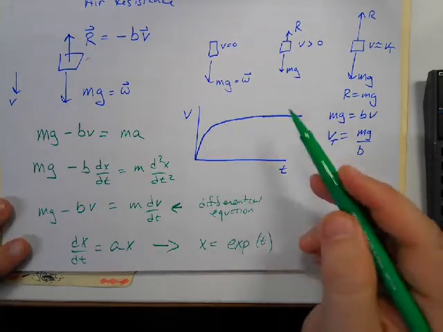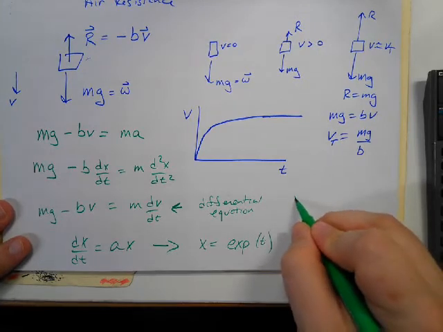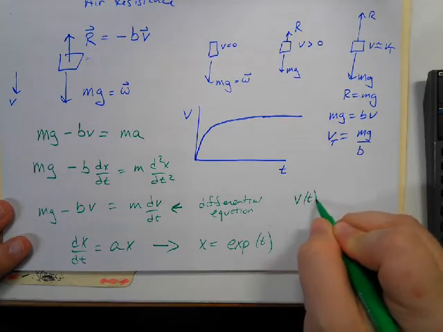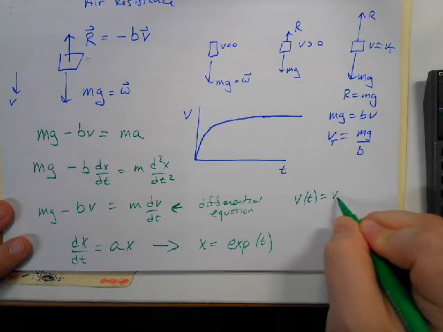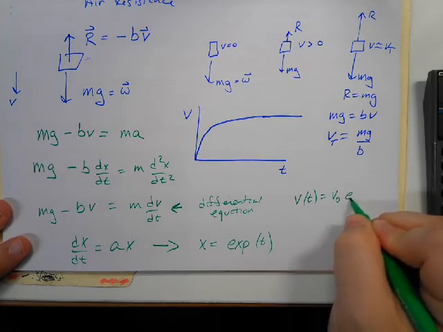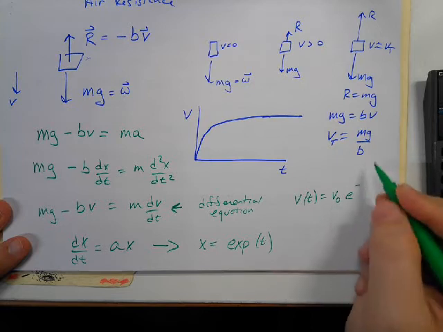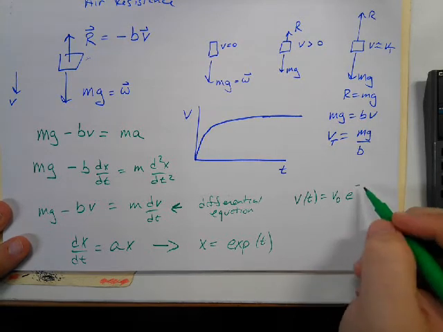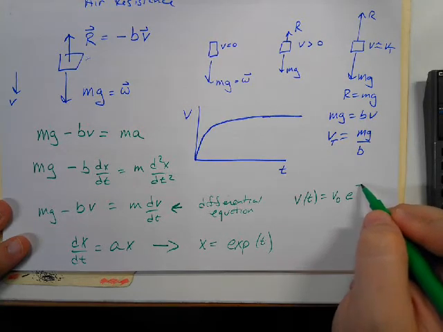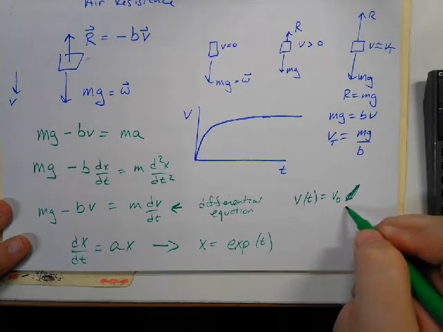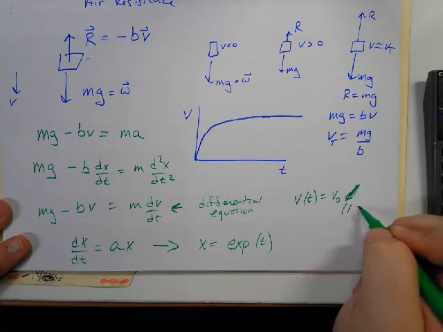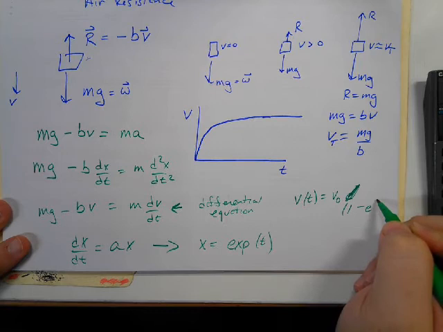We can express our velocity as a function of time as some initial velocity e to the minus... actually, it's not e to the minus, it's probably like 1 minus e to the some constant times t.